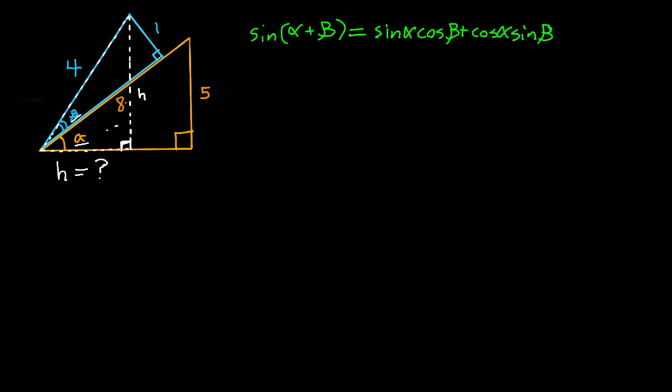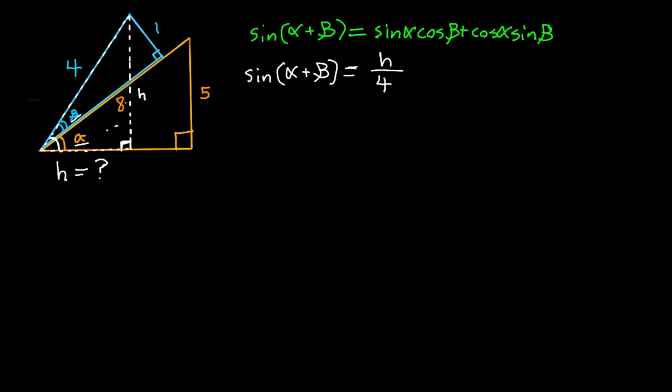There's that triangle there, and we know one angle of this triangle here is going to be alpha plus beta, and that the sine of that, so we know that the sine of alpha plus beta in our figure is going to be equal to our value h divided by 4, right?